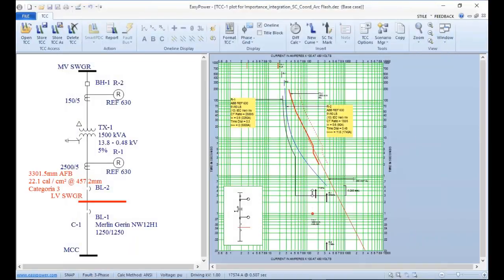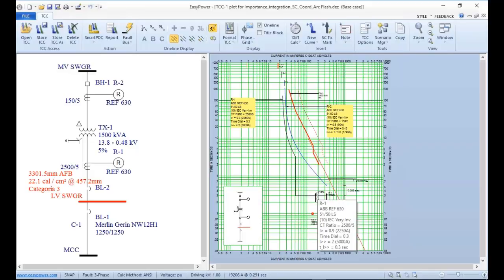Now you see my arcing fault will clear the fault at the same time as my bolted fault. The incident energy decreased, and now I have a category of clothes to protect the worker. Just changing a setting without any other procedure.